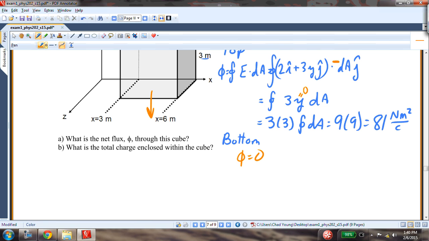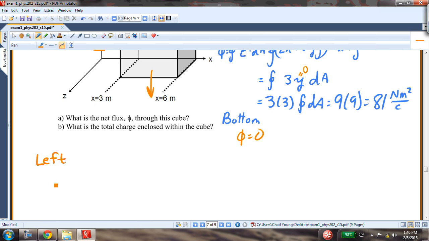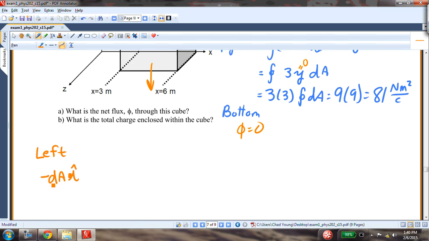So now let's do the left. That's on this side. In this case, our dA is in the negative i direction. So my area vector is negative dA i.